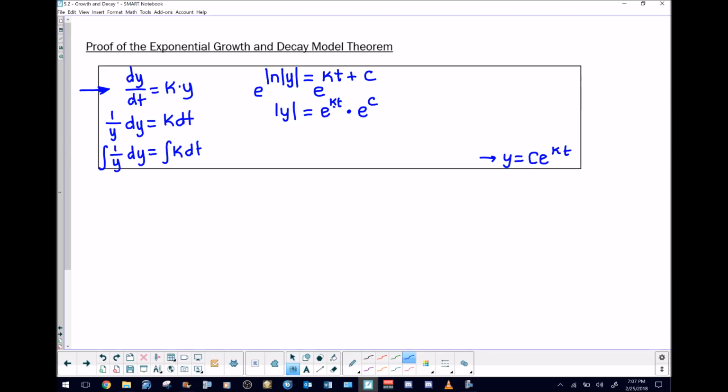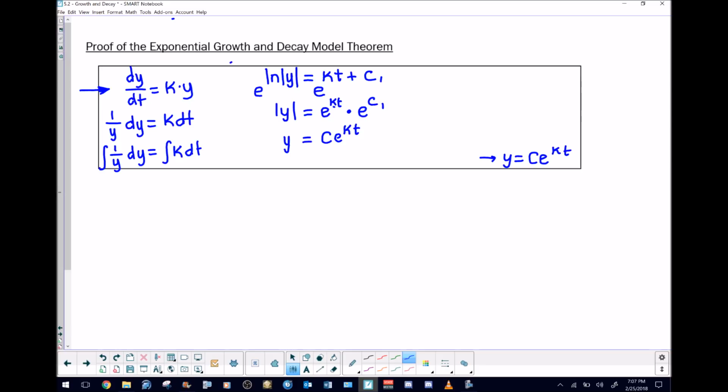At this point, we see that e to the c is itself a constant that I'm going to call C. I might give this constant a subscript so that we know it's not necessarily the same as the C produced earlier. So we would have our C times e raised to the kt power. On the left side, for this particular video, I'm going to go ahead and remove the absolute values.